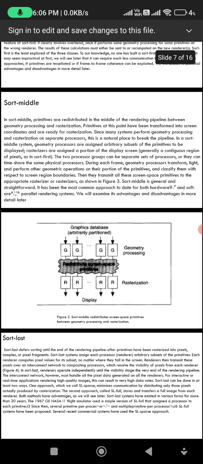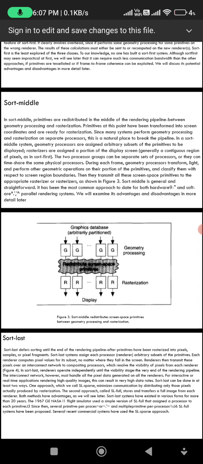Sort middle. In sort middle, primitives are redistributed in the middle of the rendering pipeline, between geometric processing and rasterization. Primitives at this point have been transformed into screen coordinates and are ready for rasterization. Since many systems perform geometry processing and rasterization on separate processors, this is the natural place to break the pipeline.